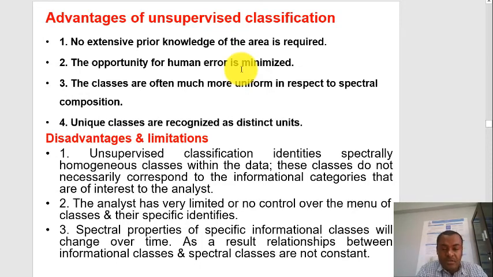This is an advantage. Okay, the disadvantages and limitations. Unsupervised classification identifies spectrally homogeneous classes within the data, and these classes do not necessarily correspond to the informational categories that are of interest to the analyst. What you obtain from the result of unsupervised classification may not necessarily correspond to the real world.